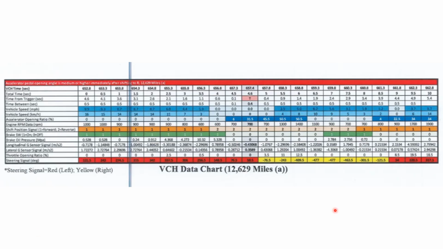This is the data that they said gave the trigger, and she was backing up at 24 miles an hour in reverse.